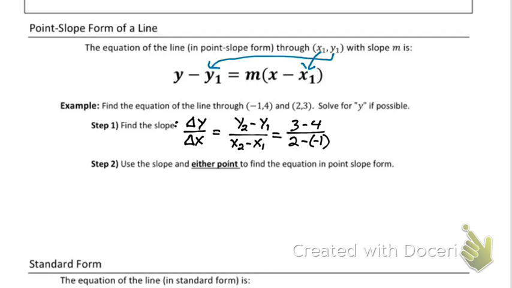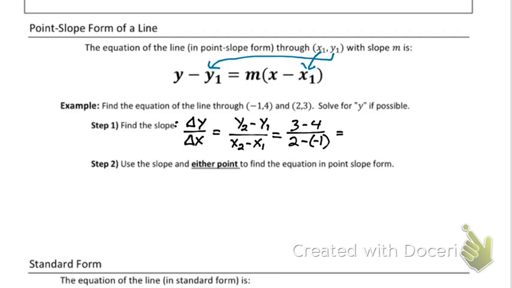But what you have to make sure is 3 and 2 better be on top of each other, and 4 and -1 better be on top of each other. If I would have flipped both of these, everything would have resulted out correctly. If I would have just changed the 3 and the 4, then I would have came out with the wrong answer. So your 2 and 3 need to be on top of each other, and your 4 and -1 need to be on top of each other. Other than that, it doesn't matter.